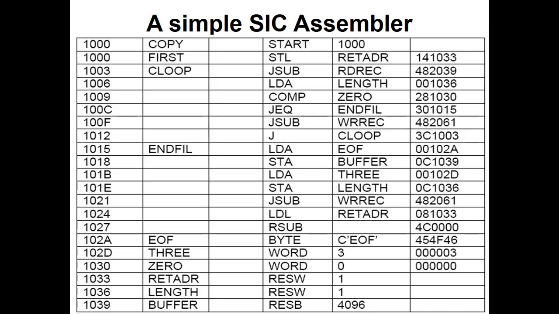The first instruction is 141033. At which address are we beginning from? I think at address 1000, which when written in 6, we should have 00, then 1000. Very good. So we write 00, 1000.